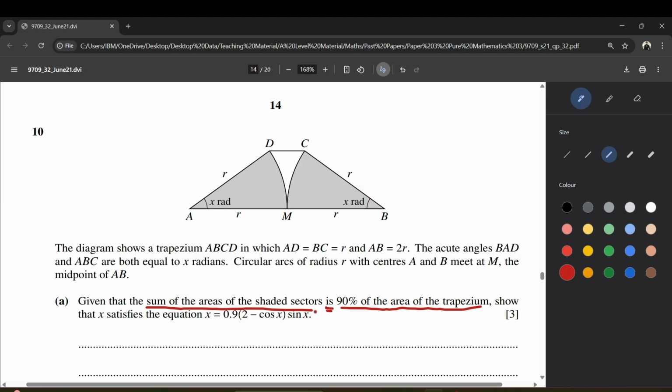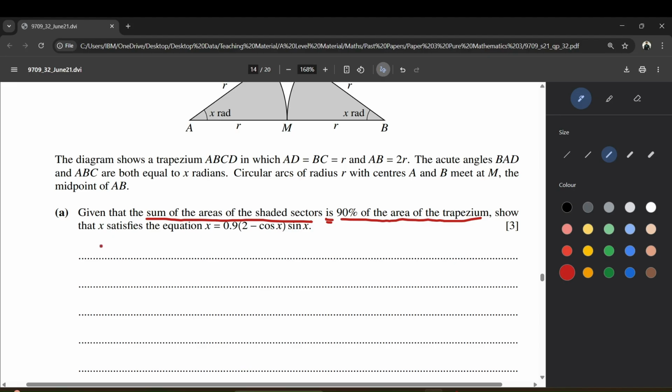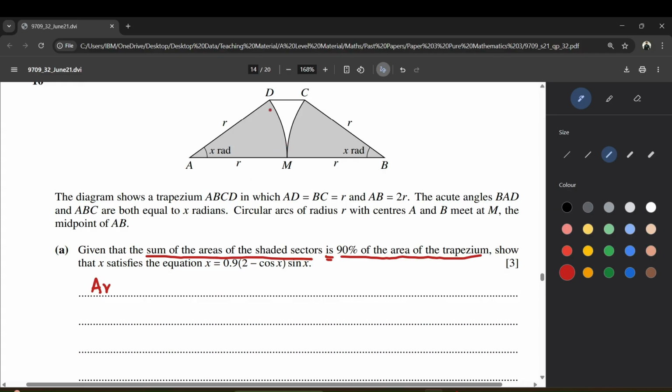Okay, so if we look at the bigger picture, let us first translate this statement into an equation. It says that the sum of the shaded sectors, okay, what are the sectors? We have sector DAM and we have sector CBM. Okay, or ADM, AMD, whatever you can call it. So we can say that area of sector ADM plus area of sector CBM, right?